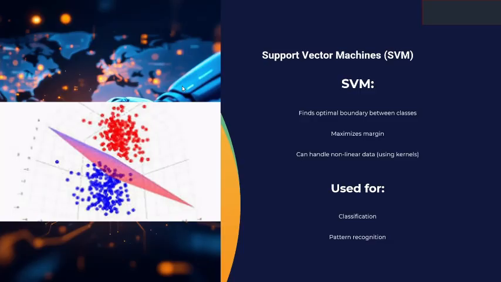And what do you use support vector machines for? We basically use them for classification, for pattern recognition, and other usages. So that's basically support vector machines.